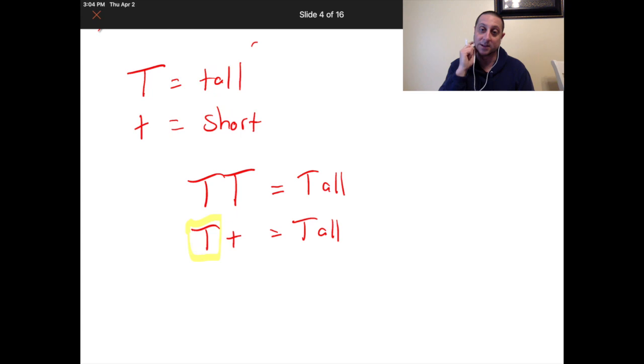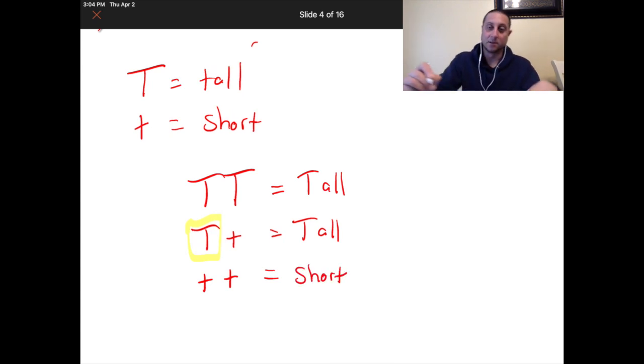It's just not possible. Again, you don't have one brown eye, one blue eye. You don't have half your body this color, half your body that color, right? So you have one that's expressed, the other one is not. And in this situation, if we have little t, little t, that is going to be a short plant because there is no dominant there.